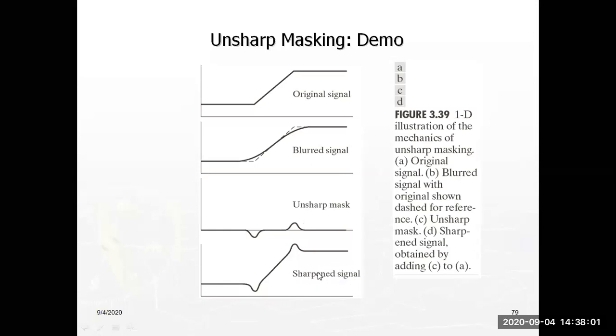The last one is the unsharp and sharpened. If sharpened, it is again like your first one. You observe that the first and last are both approximately equal. So if you add these two, you will get this.